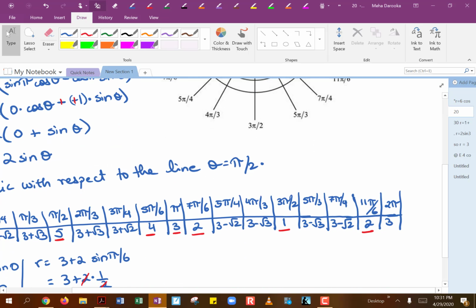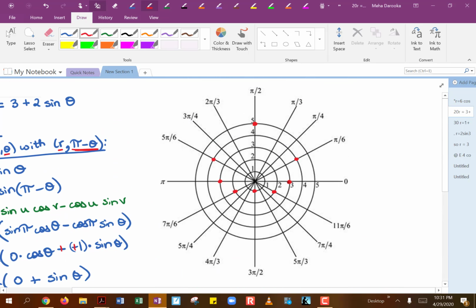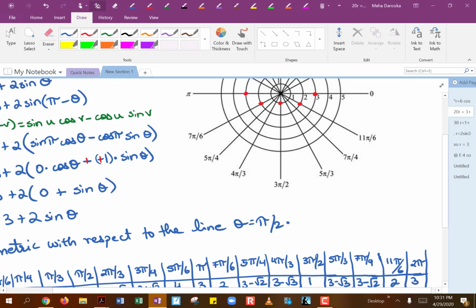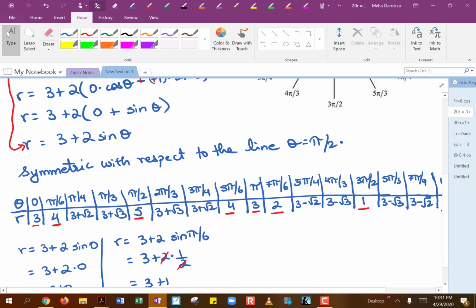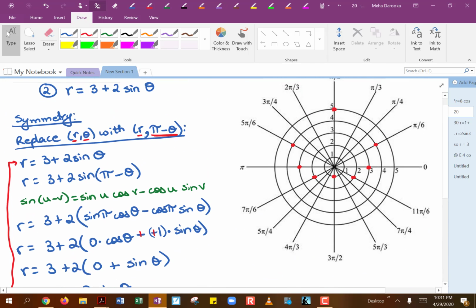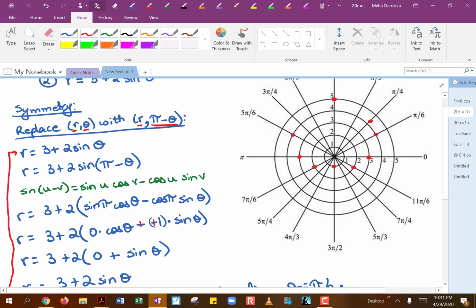So there. And back at 2 pi, we come a full circle, and then you can use the other points to see where exactly you are going to be. So let's do the 45-degree angles. That's 3 plus square root of 2, which is approximately 4.4, so somewhere over there.